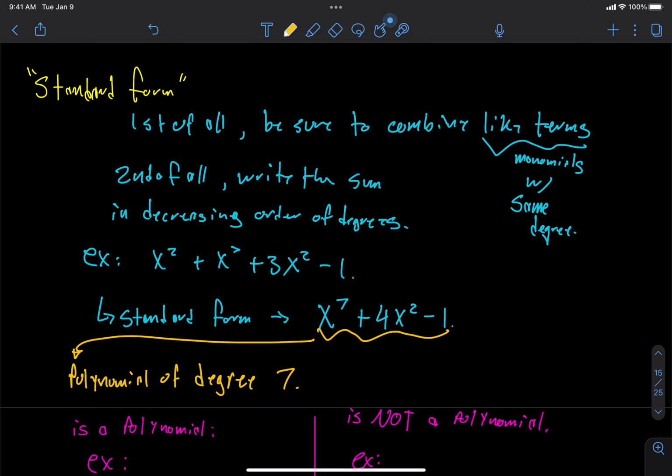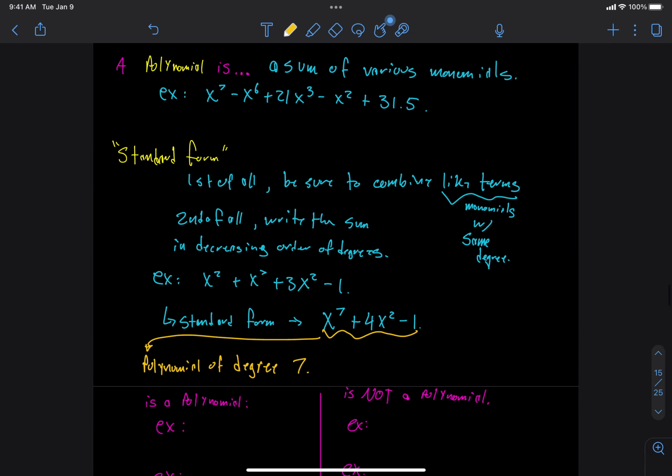When we refer to the degree of a monomial, a monomial only has one term, it's just whatever the power is. When we refer to the degree of a polynomial, we refer to the largest degree in the entire sum.